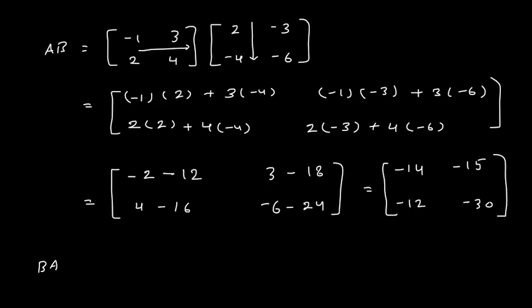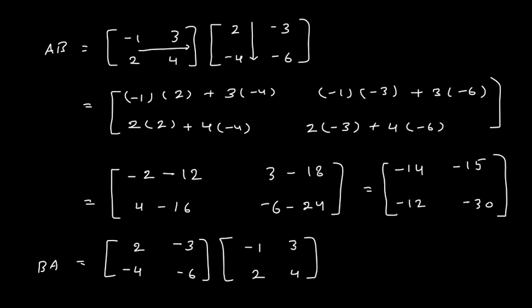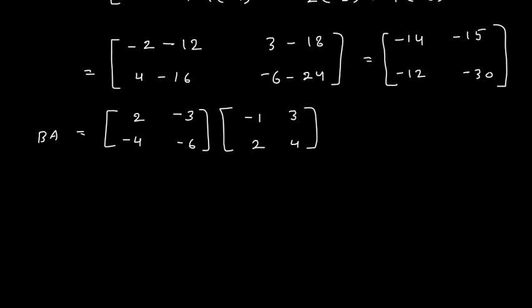So BA, first I will write B, which is 2 minus 3 minus 4 minus 6, and into A, that is minus 1 3 and 2 4. Okay, so its multiplication, this is equals to, here we get 2 into minus 1 plus minus 3 into 2.